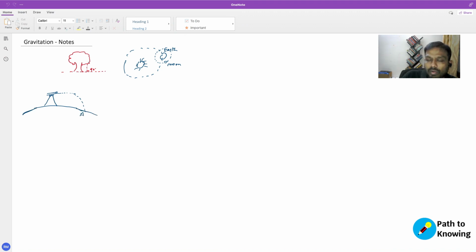Now, what if you apply even additional force to the cannonball from the cannon? What will happen? It is likely to go an even further distance, and it is going to fall at a slightly farther point, which I'm calling B here.